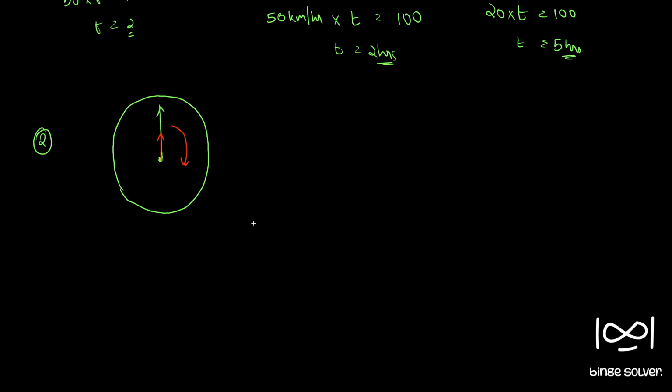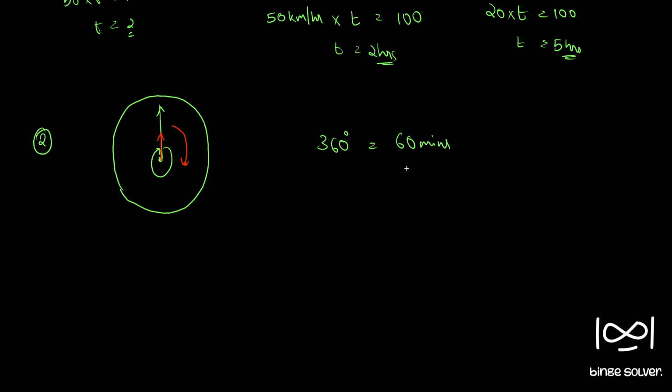So what is the relative speed of the minute hand compared to the hour hand? We'll first calculate their individual speeds. The minute hand covers 360 degrees in 60 minutes.